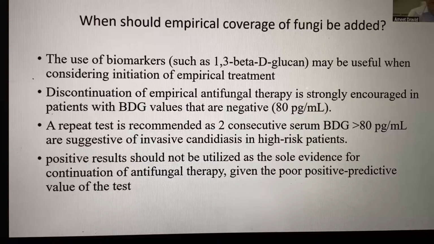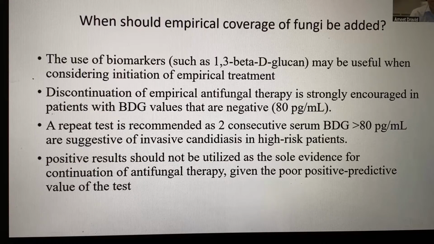Is there any role of any biomarker? Yes, before starting empirical antifungal therapy, we can send biomarkers like 1,3-beta-D-glucan because they come faster than a fungal culture. They are more sensitive than a blood culture for fungus, and if two consecutive serum BDGs are above 80, that is suggestive of invasive candidiasis in high risk patients and we should start treatment.